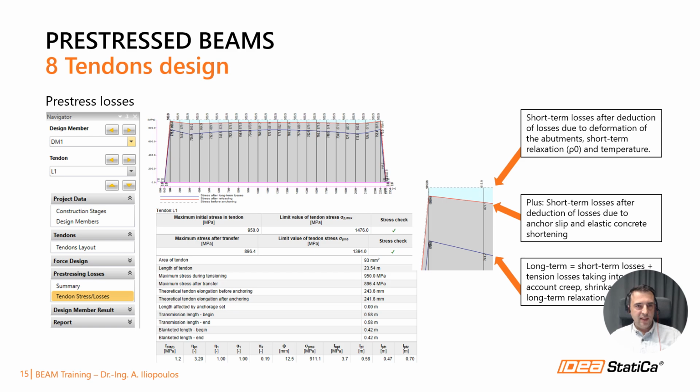We can calculate both the short-term losses and the long-term losses in Beam. And the results are represented both graphically and in a table. We can see there's the initial stress, there is the stress after the short-term losses, and with the blue line we see the stress after the long-term losses.